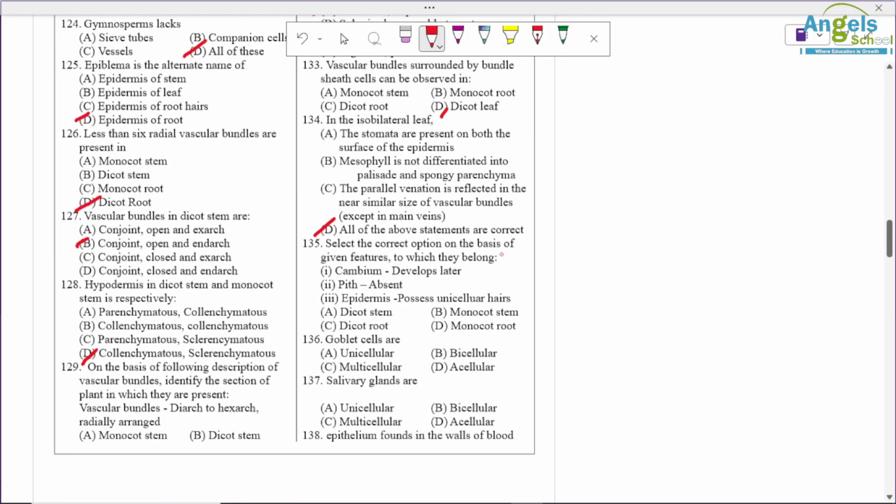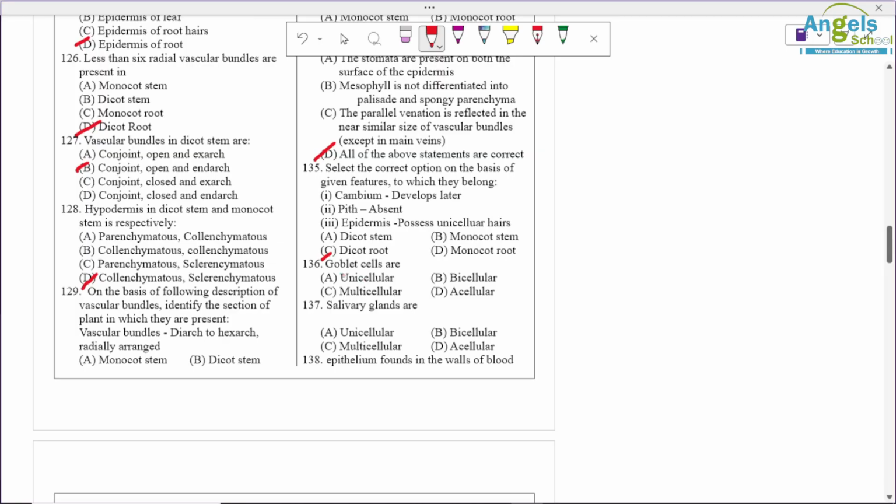Select the correct option on the basis of given features. Cambium develops later, pith absent. Epidermis possesses unicellular hair. So cambium is developed later, so it is a dicot, and root hair is unicellular hair, so it is present in a root. So the correct answer is dicot root.